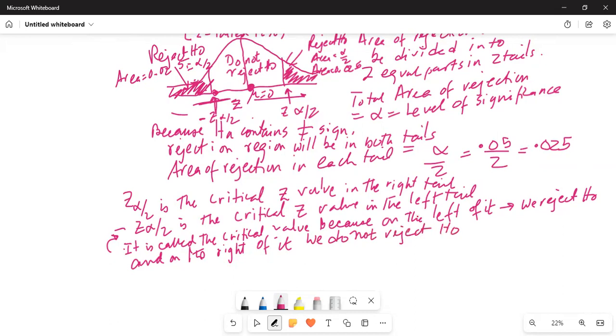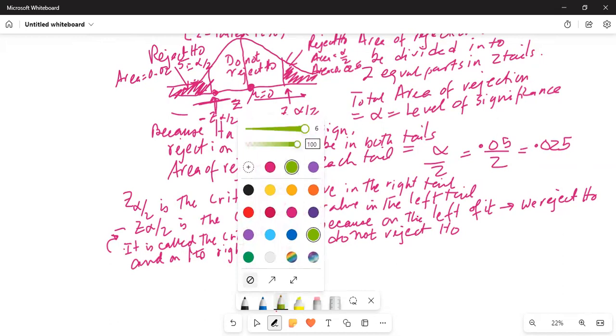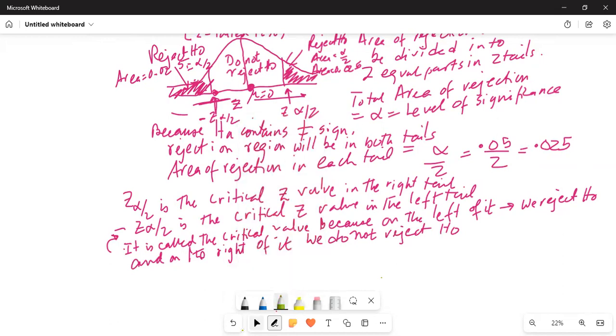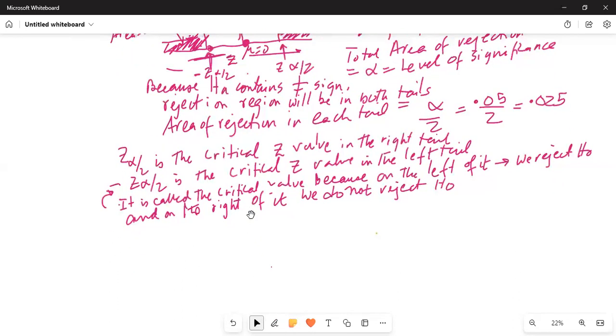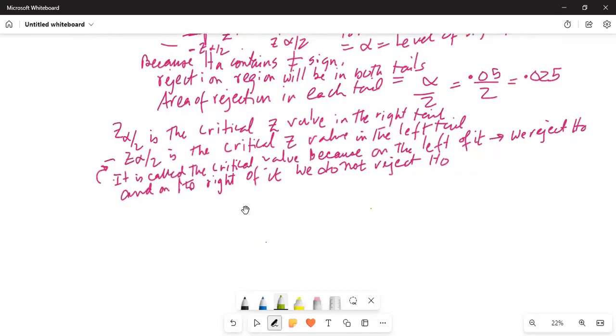Let me change the color of the ink and explain what's going on. I have, again, the standard normal curve.